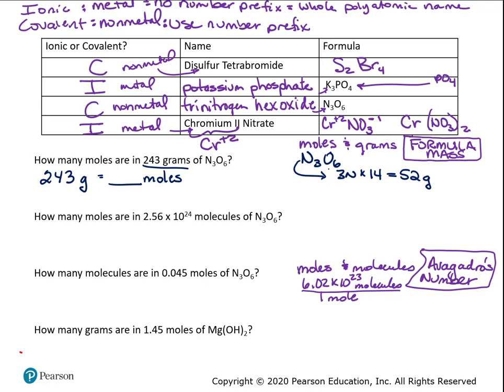Now I got to do the oxygen. So I have 6 oxygen. How much does each oxygen weigh? 16. So 6 times 16 is 96 grams. Now I just add those together. So it'd be 148.